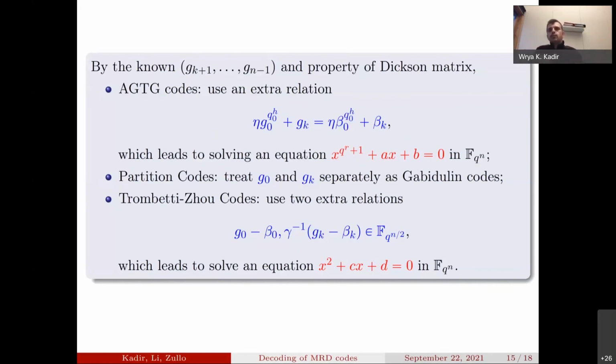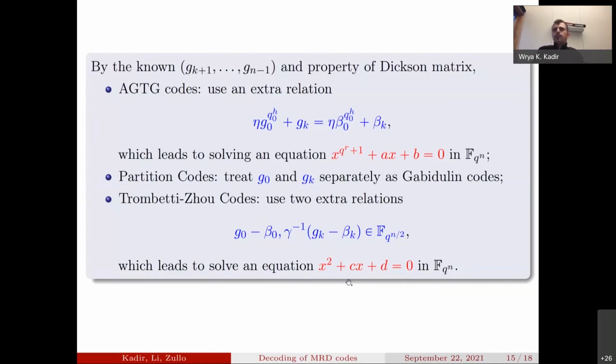But in Trombetti-Zhou arithmetic codes, we use these two extra relations since, as I mentioned, A and B, F_0 and F_k are taken from the half field. We can generate these two equations, and these two equations lead us to this nice quadratic equation.